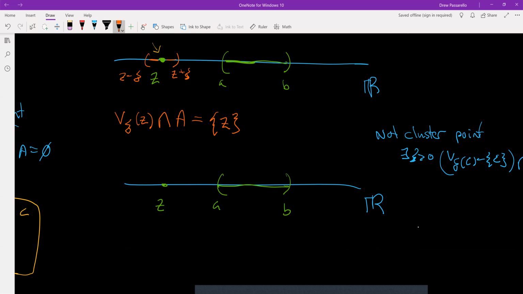So let's say this is our delta neighborhood. This time it's going to be punctured, so we exclude our center value. Since we exclude that, there are no members of A. Because we're excluding, there's an open dot at the center.